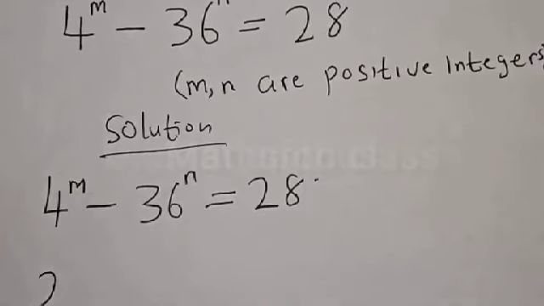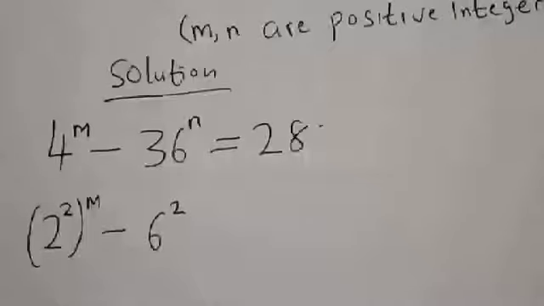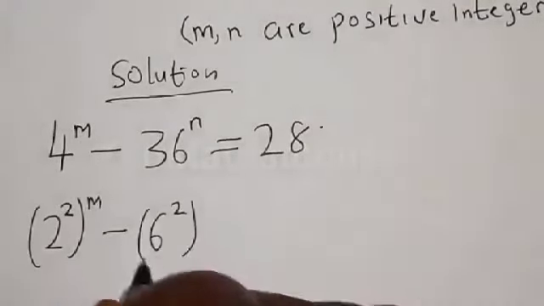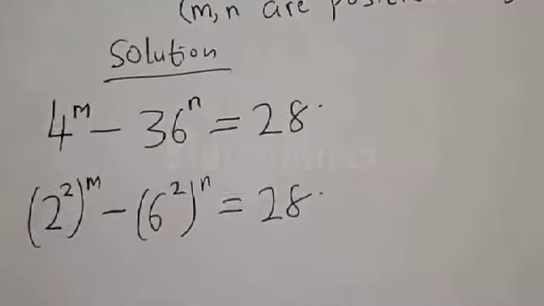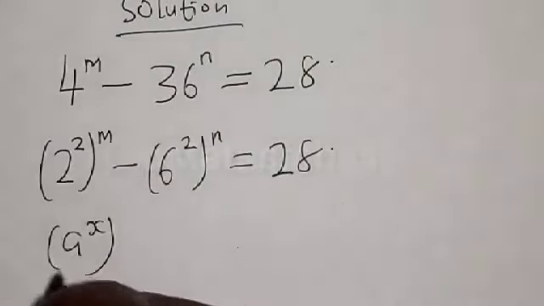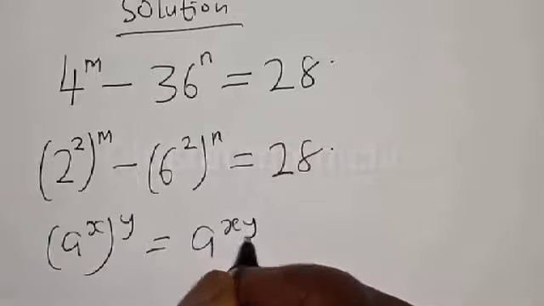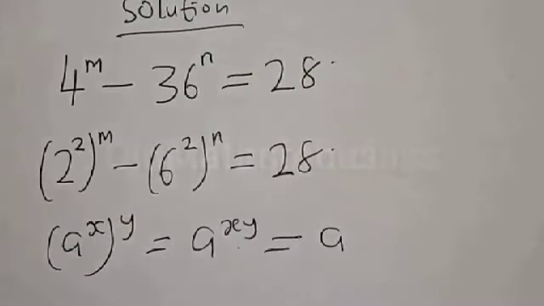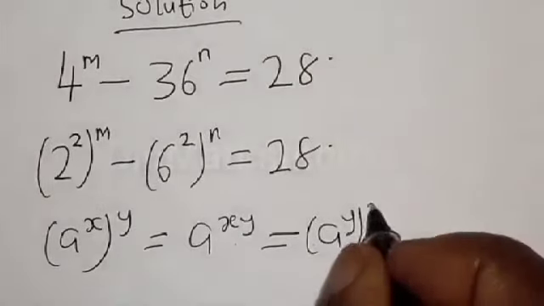Then we have 2 square raised to power m minus 6 square raised to power n is equal to 28. Now remember, a raised to power x raised to power y is the same thing as a raised to power xy, which is the same thing as a raised to power y raised to power x.